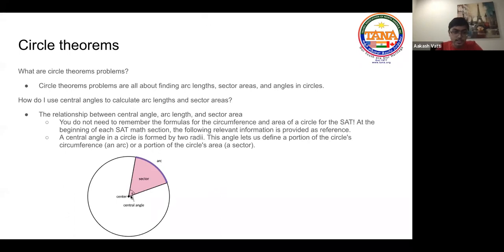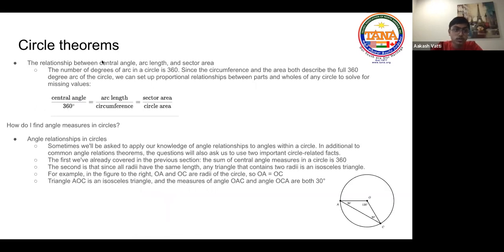So this is your angle, this is your sector, and this is your arc. All three of these are related, and when given one, you can find the others as well. So the relationship between a central angle, arc length, and sector area: the number of degrees in a circle is 360.